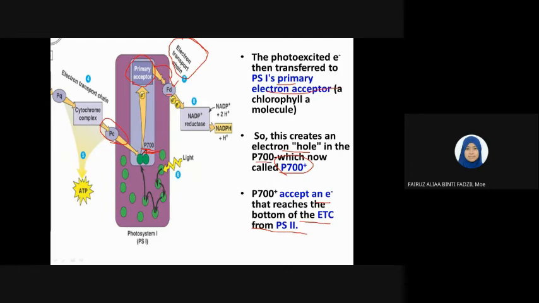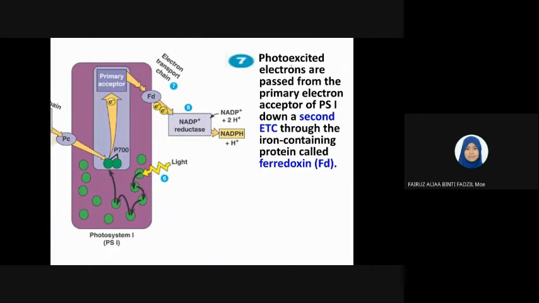So the photoexcited electrons are passed from the primary electron acceptor of PS1 down a second electron transport chain consisting of only one member, ferredoxin, an iron-containing protein.